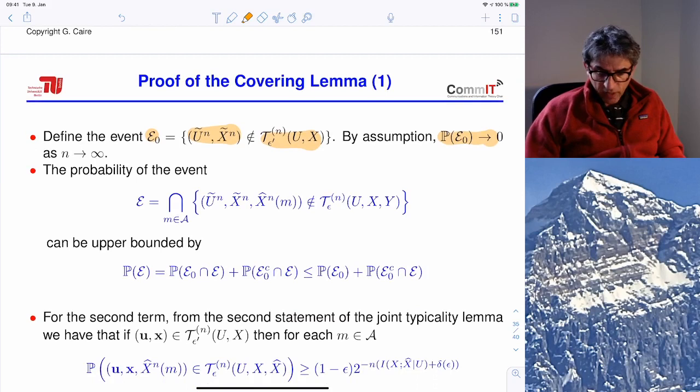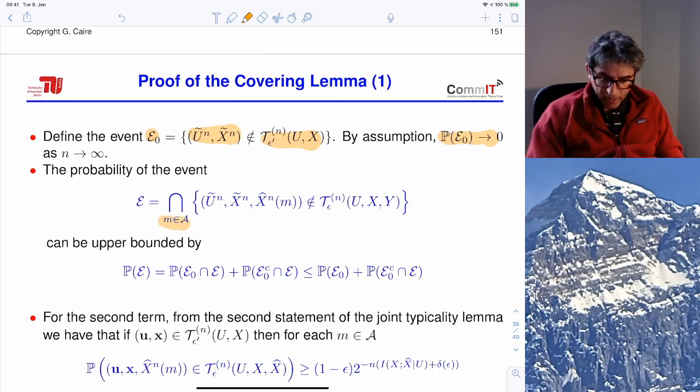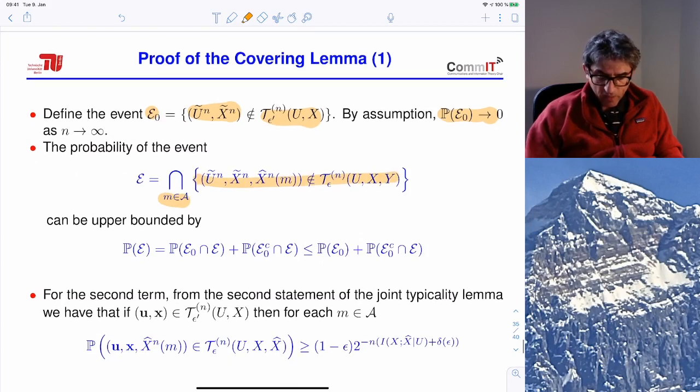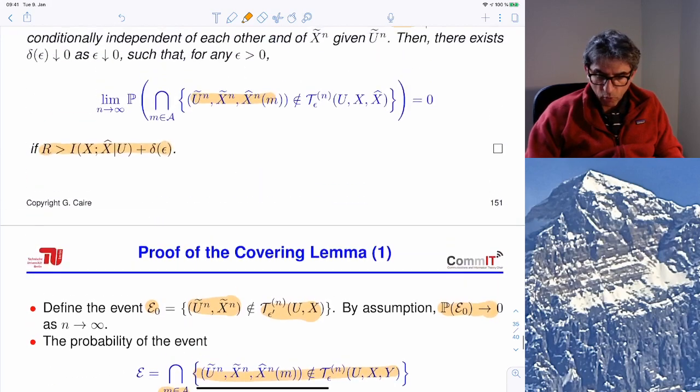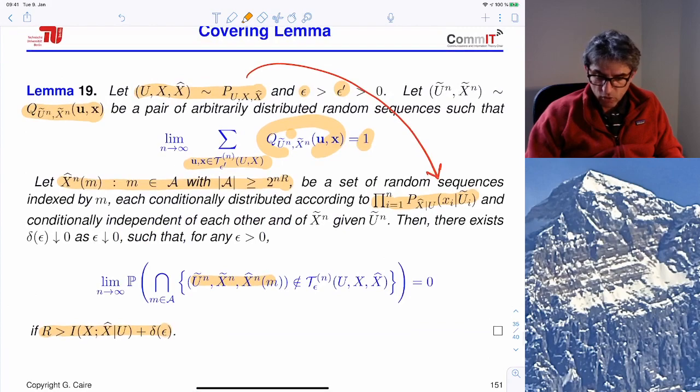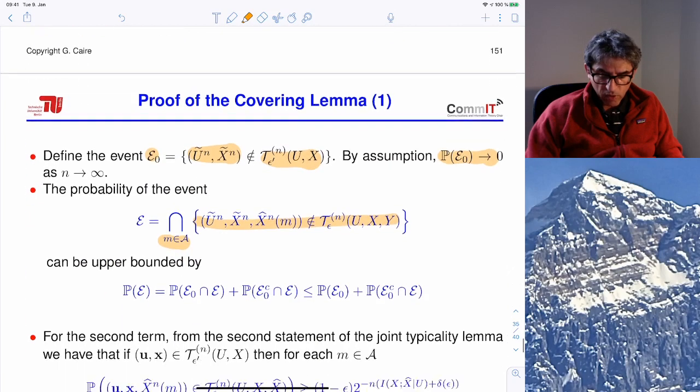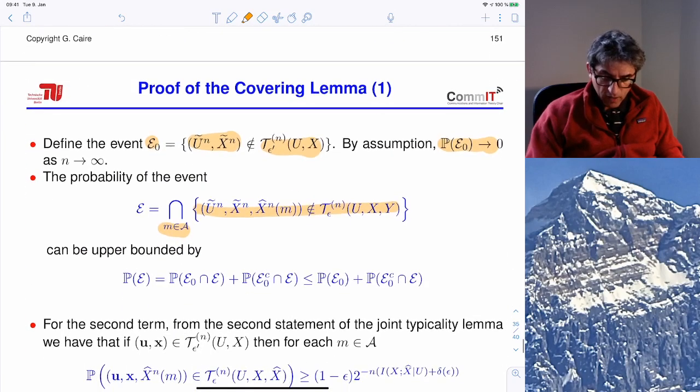Then we consider the intersection over all the m of these events. We want to prove that this probability goes to 0. So we break it into the probability of E intersect E0 and the probability of E intersect E0 complement. This can always be done.